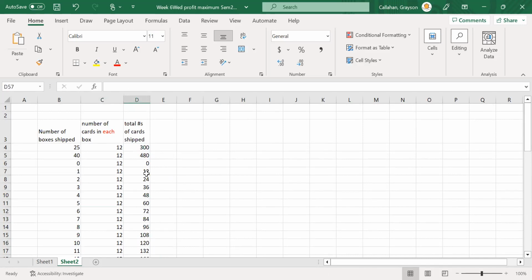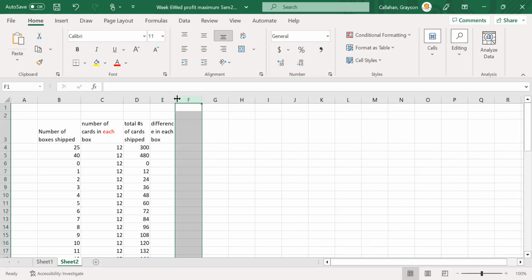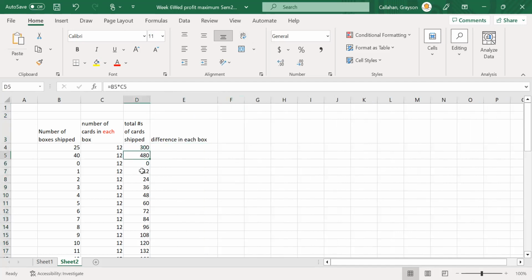How are you getting from 0 to 12, 12 to 24, 24 to 36, 36 to 48, 48 to 60? What's the difference here? How do you get from 0 to 12?